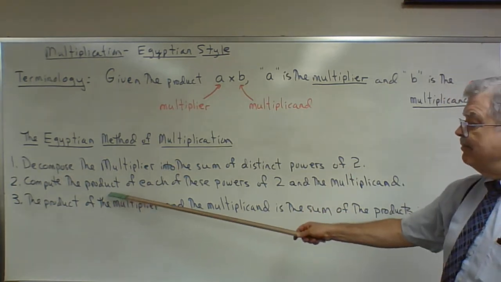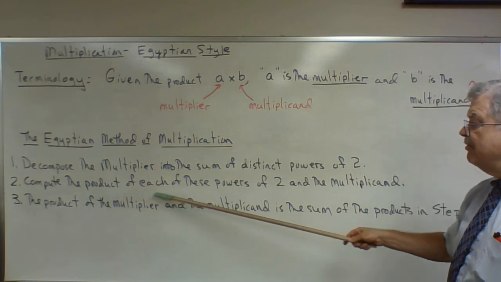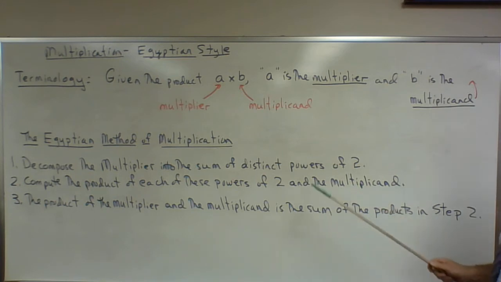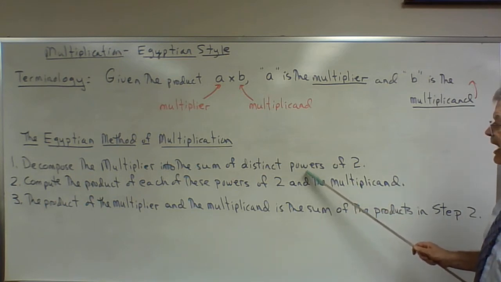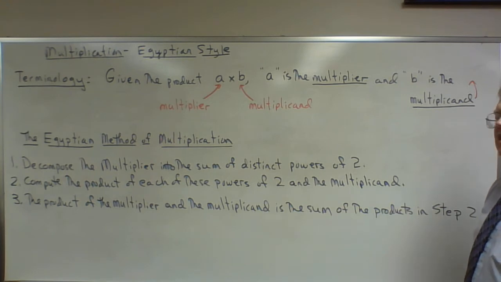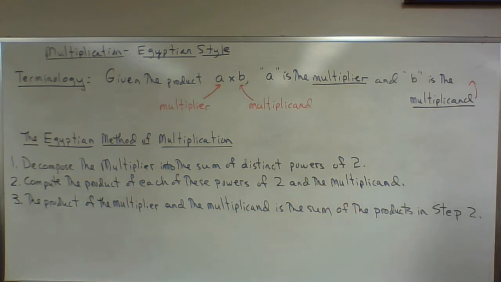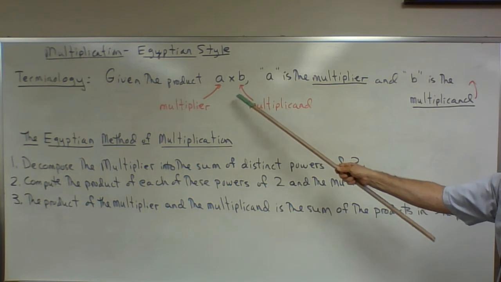The second step, compute the product of these powers of 2 and the multiplicand. So each of these distinct powers of 2 that add up to give us the multiplier, we compute the product of each of these distinct powers of 2 with the multiplicand, this guy.